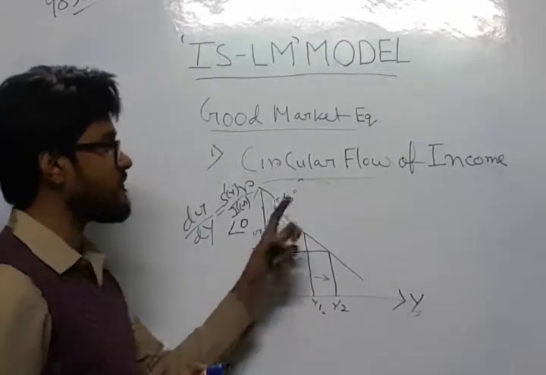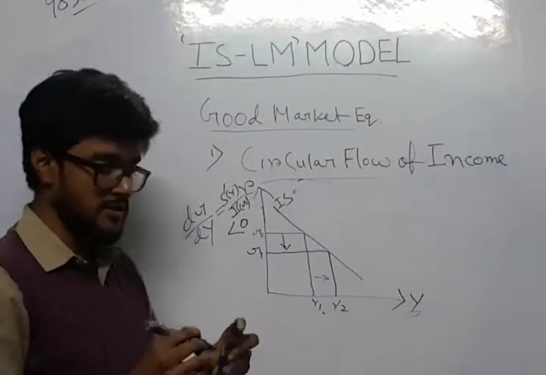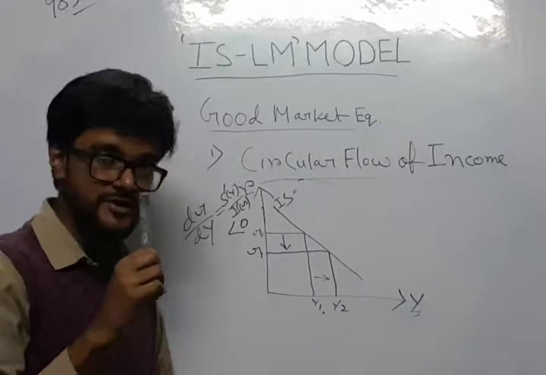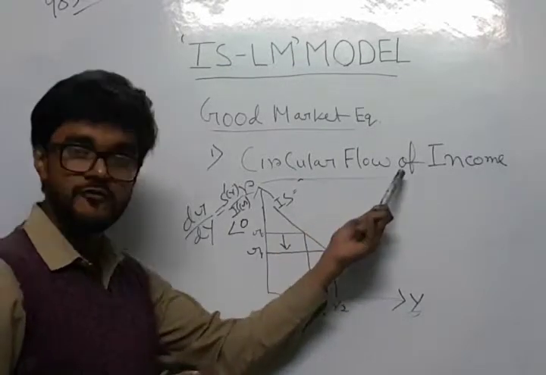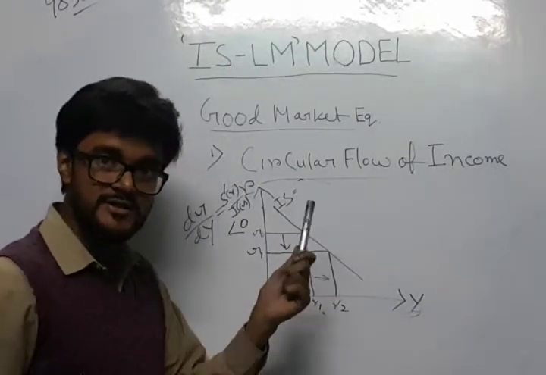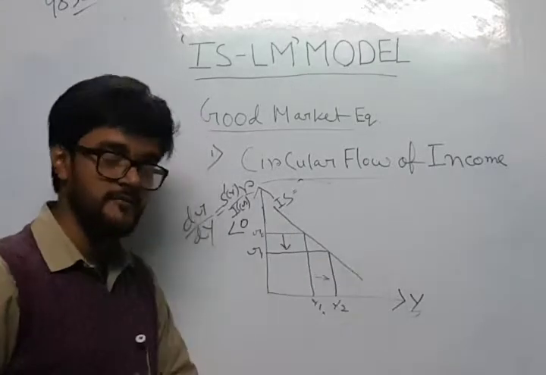So today first we talked about the two ways to find the goods market equilibrium. One way is circular flow of income, another is aggregate demand equals aggregate supply.